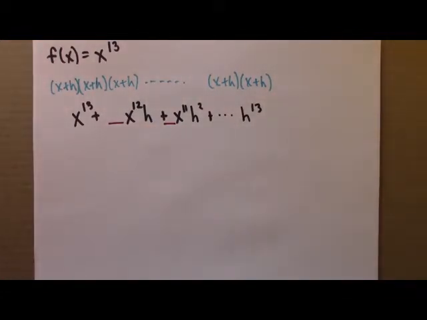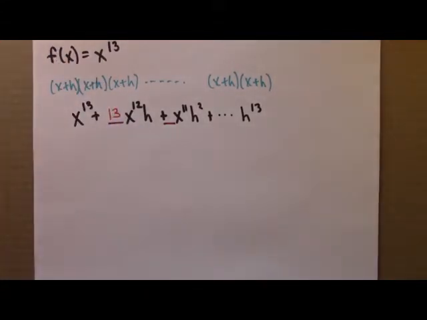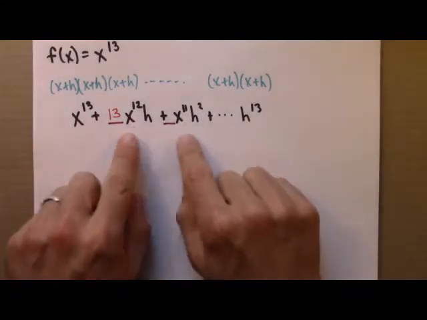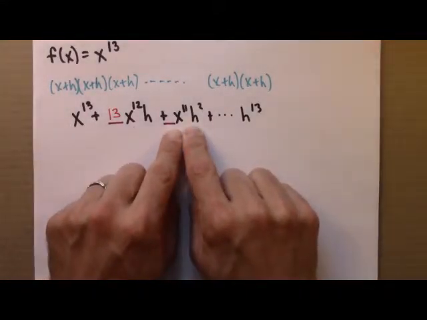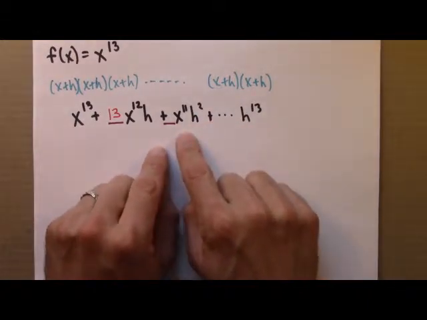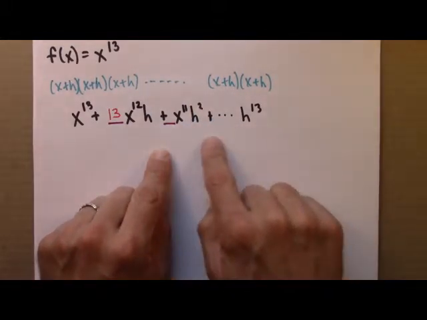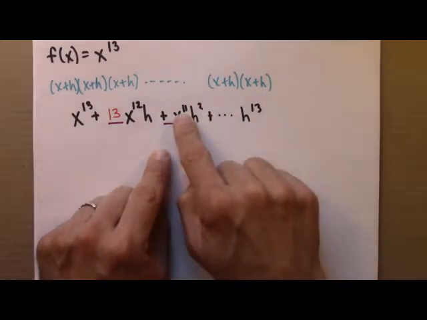So this number here, let's choose a bright color, is going to be 13. So then there's an h squared term and an h cubed and so on. And I'm not even going to think about what happens over here, because as we'll see, we're not really even going to care about these terms.